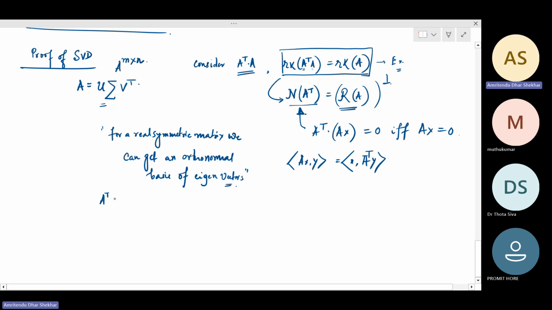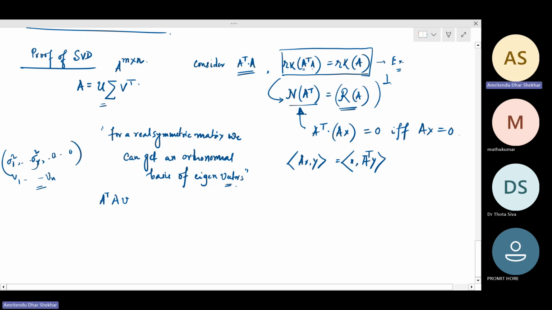So let's say V1, V2 up to some Vn is such a basis for A transpose A. If you look at the eigenvalues of A transpose A, let's write those eigenvalues as sigma 1 squared up to sigma r squared, and then the rest are zeros.